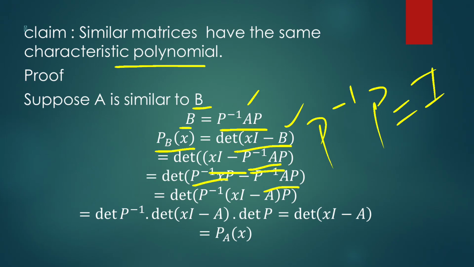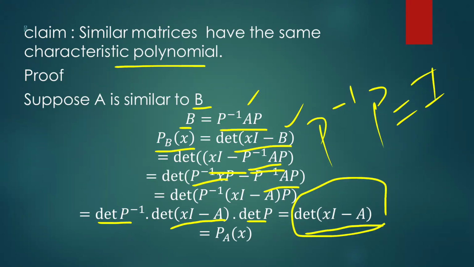Then distribute the determinant, so you have that. We also have this times this. If you look clearly, you'll see that what we are having here is actually this, and this is the determinant, the characteristic polynomial for A in terms of x. What does this tell us? It tells us that A is similar to B has the same characteristic polynomial, and that's the end of the proof.